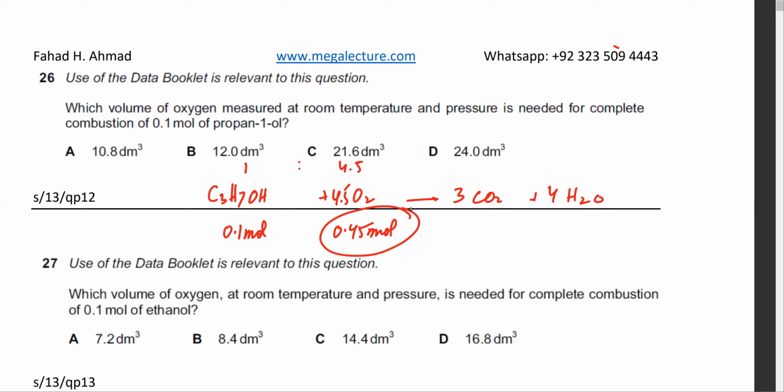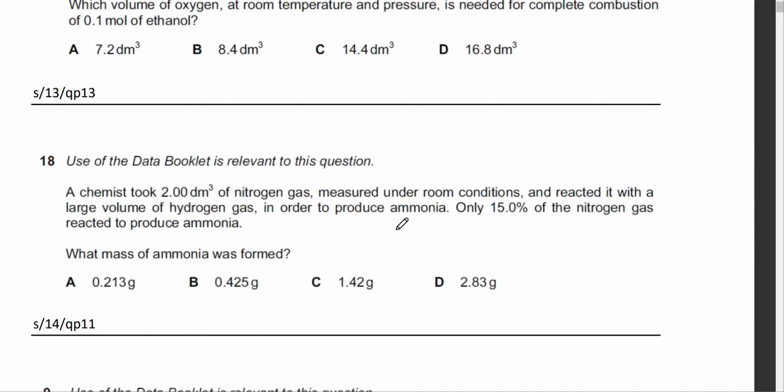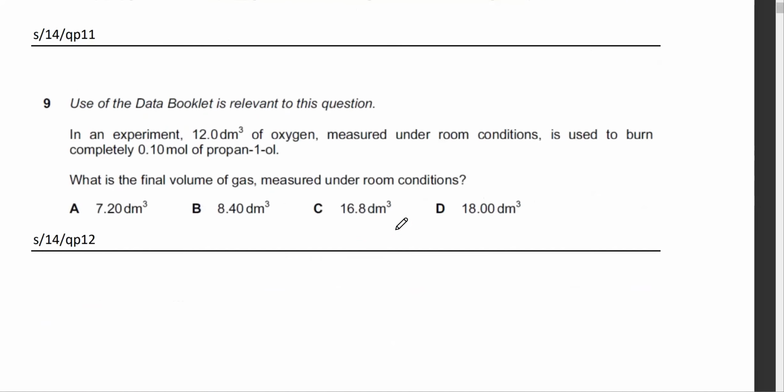So just multiply it by 24 to find the volume and you'll get what? 10.8. Okay, 10.8 is probably the right one. Is this clear? Yes, sir. So we're done with this section.